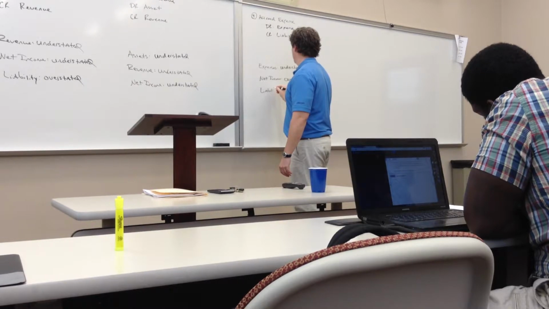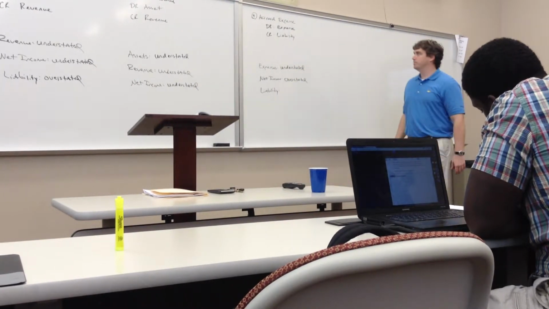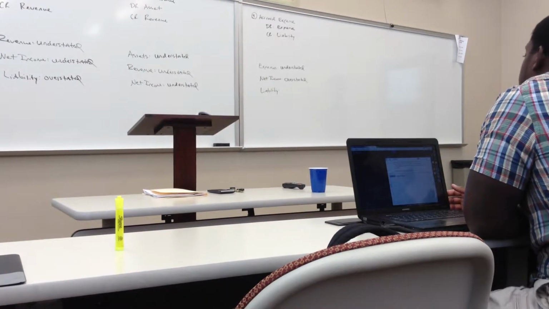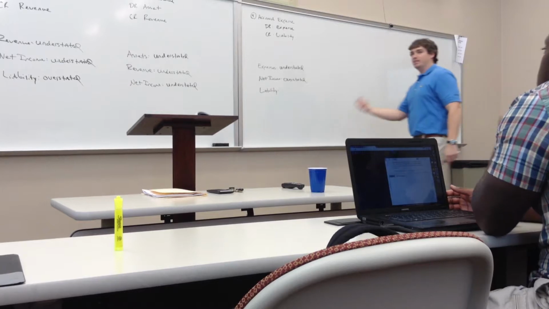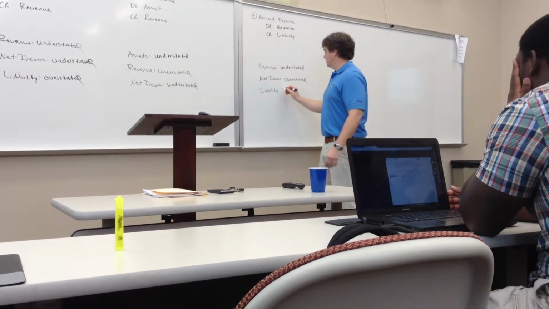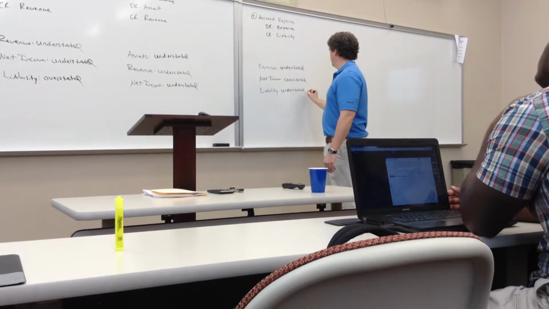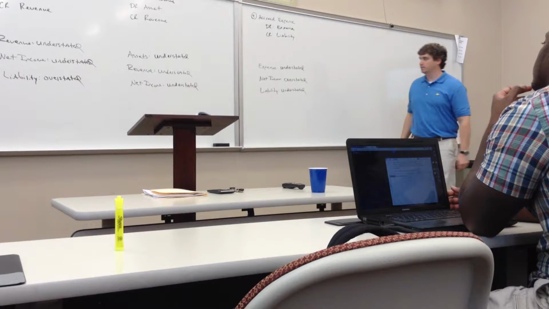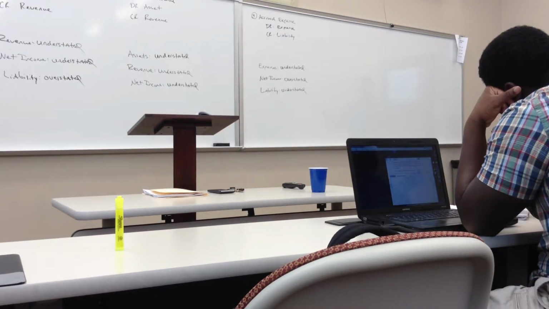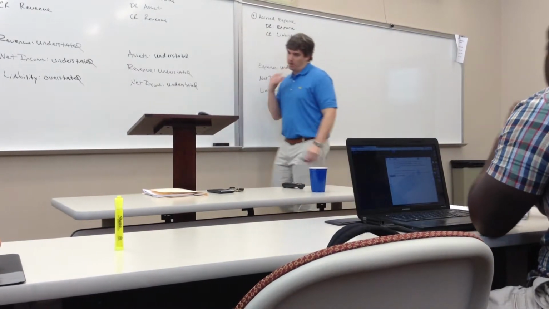The other action here is on the liability side. When I credit liability, I'm increasing the liability. So if I don't do this, then liabilities will be understated. Okay? In other words, I won't reflect that I owe as much as I actually do owe on my balance sheet.